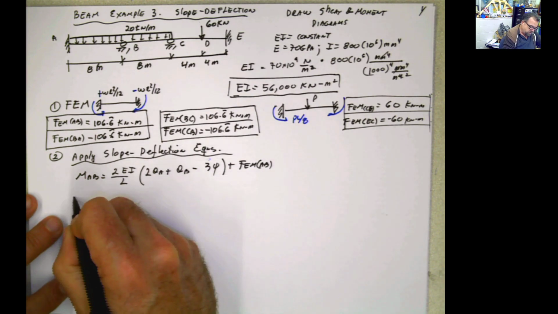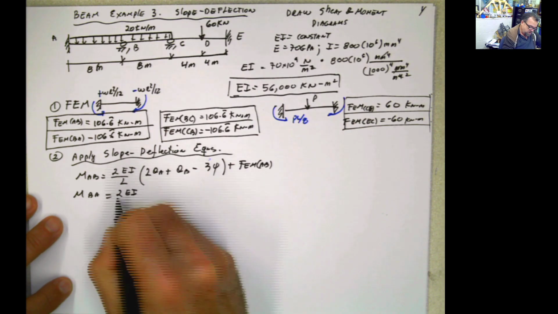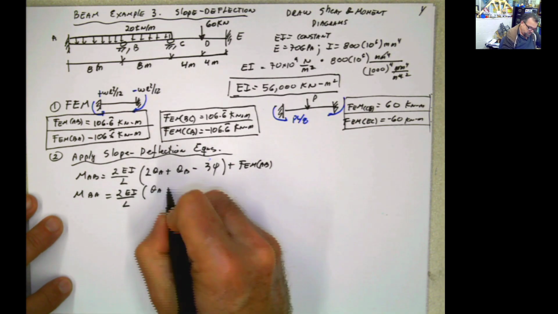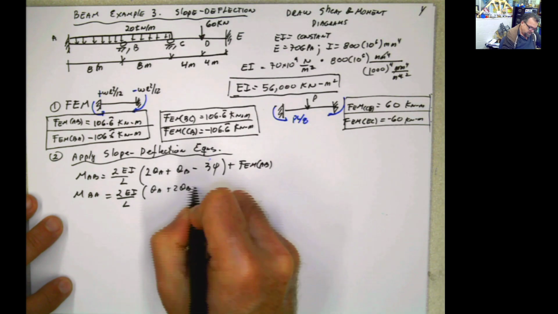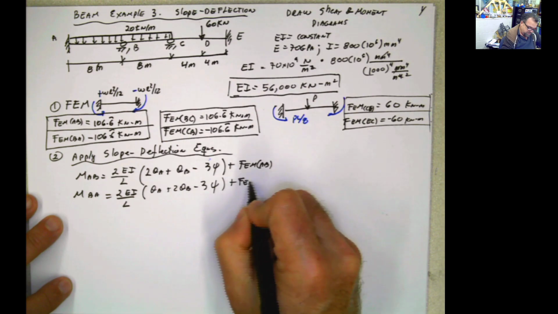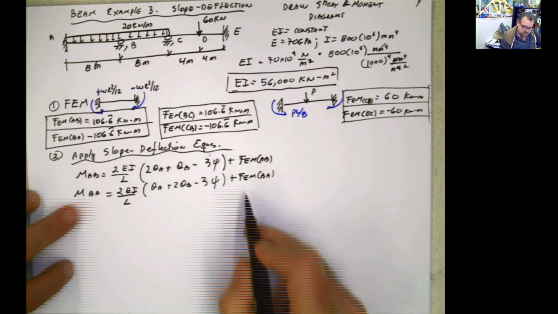And if I use moment BA, it's going to be 2EI over L, and it's going to be 1 rotation at A plus 2 rotation at B minus 3 psi plus FEM BA. It's the same equation, you just switch the sub indices, that's it.